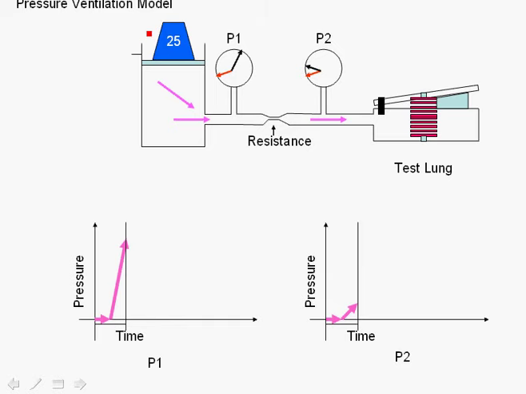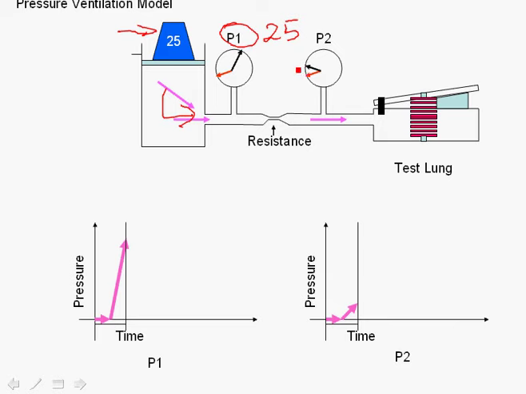In pressure control, just like this graph is showing us, we put a weight or a certain pressure in our circuit, and here what we're doing is 25 centimeters of water pressure. When we do that, we're forcing air from the ventilator towards the patient. So our pressure here, P1, is going to be reading 25, just like the pressure we've established.